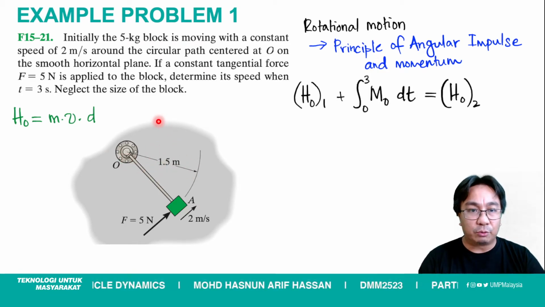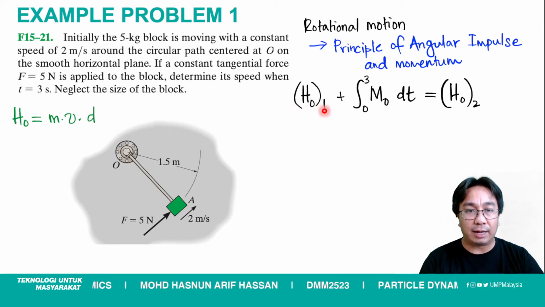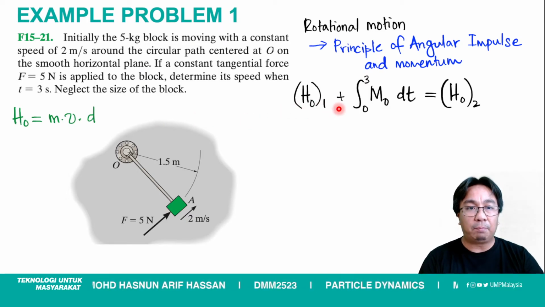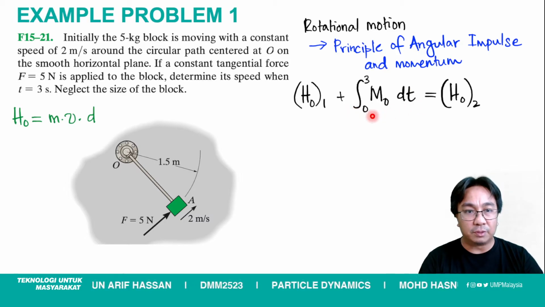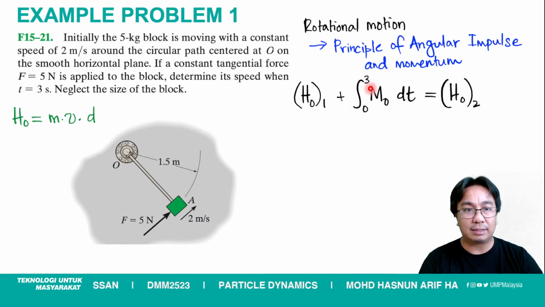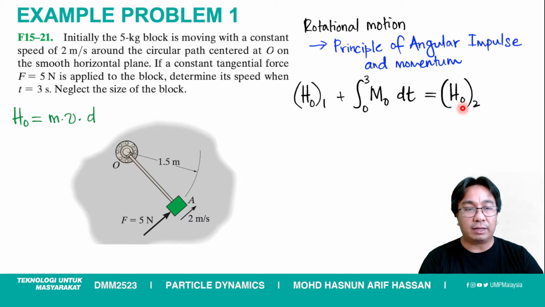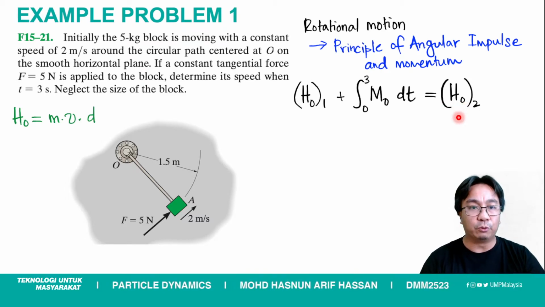So we have the equation HO1, the initial angular momentum about O, plus the total impulse from 0 to 3 seconds equals the final angular momentum about point O.